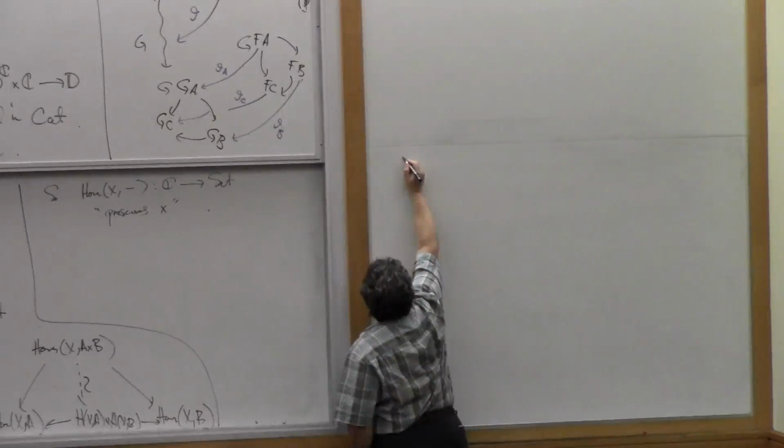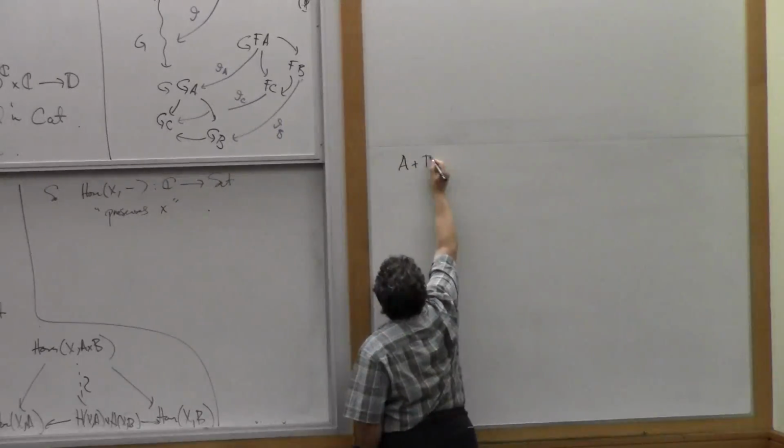So, for example, what was the universal mapping property of the sum?